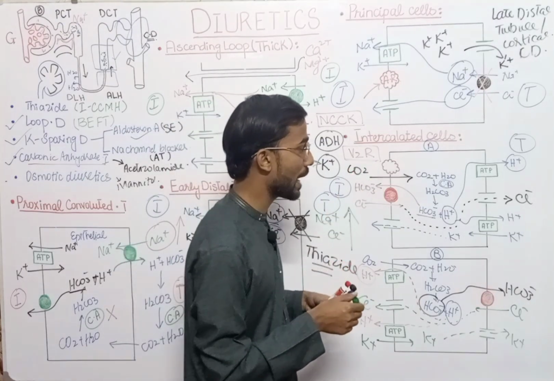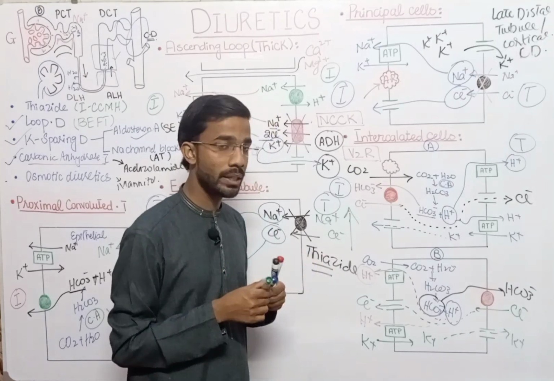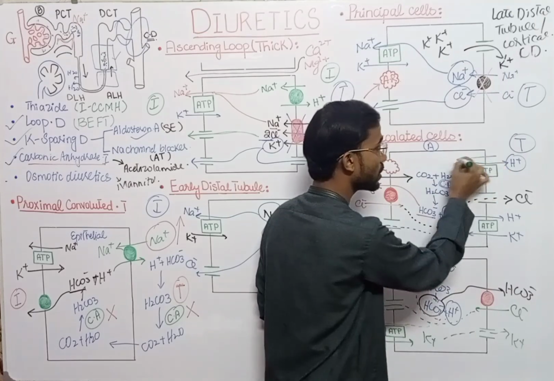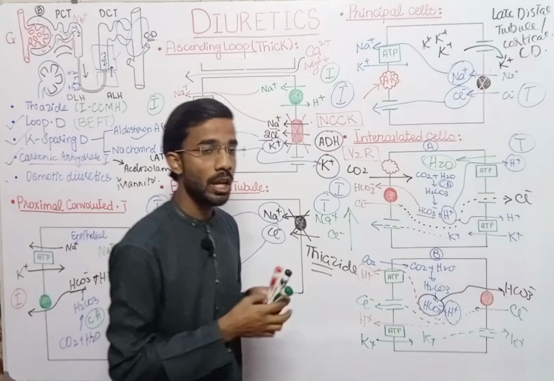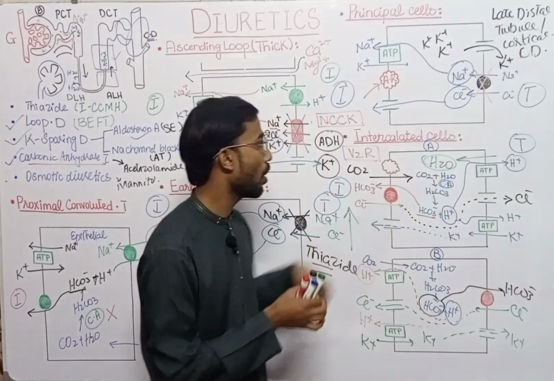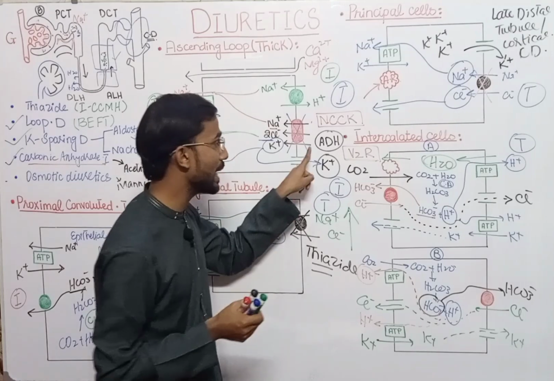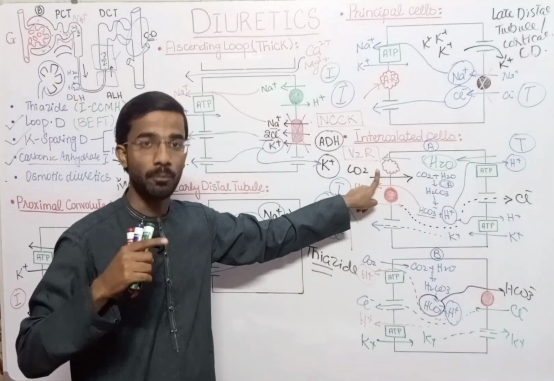overall you will see that the water absorption from the tubular lumen into the cell or into the interstitial space will increase. So if ADH is increased, then water will be absorbed more and more.